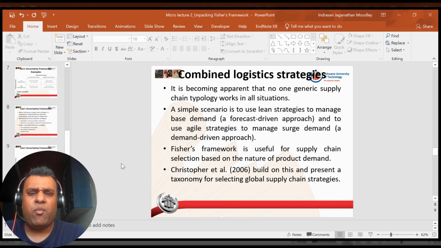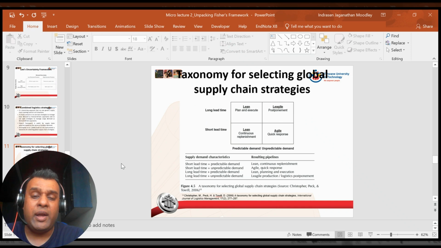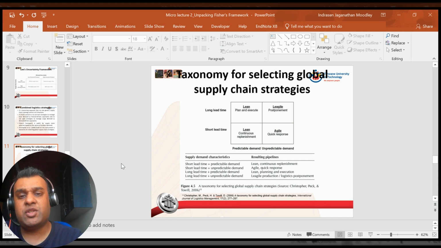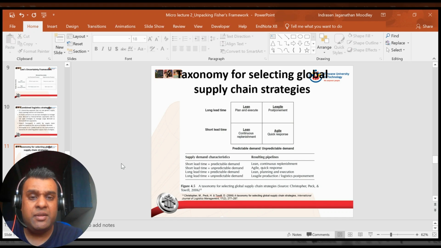So it's apparent from all of this that there's no one size fits all situation. We can use lean strategies on one end of our supply chain and agile strategies on the other end of the supply chain. Therefore, and you will find this diagram in your textbook by Christopher Tohill et al., it is a taxonomy for selecting global supply chain strategies, looking at lead times and the level of uncertainty in demand, predictable versus unpredictable demand.